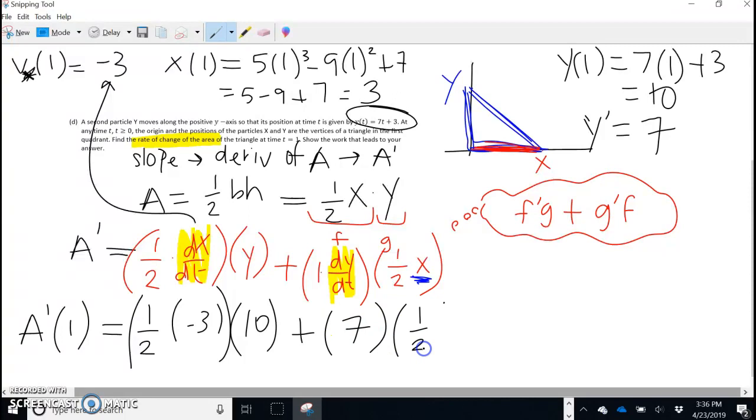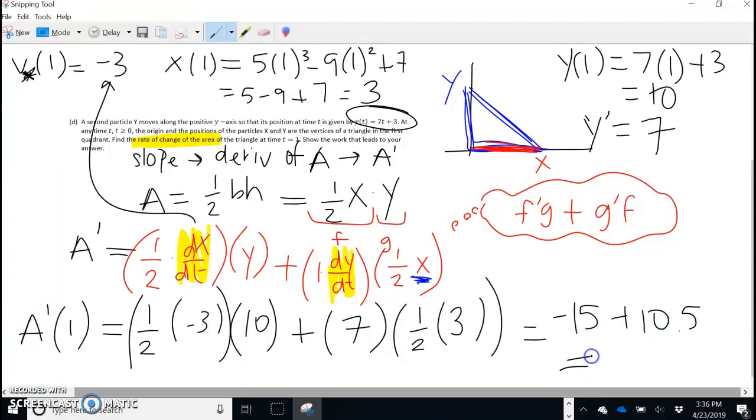Times half of my x position at 1, and my x position is 3. Let's see, I do some number crunching. Half of -3 times 10, that's -1.5 times 10, I think I get -15 from my first group up there. Plus half of 3 times 7, half of 21, that's 10.5.